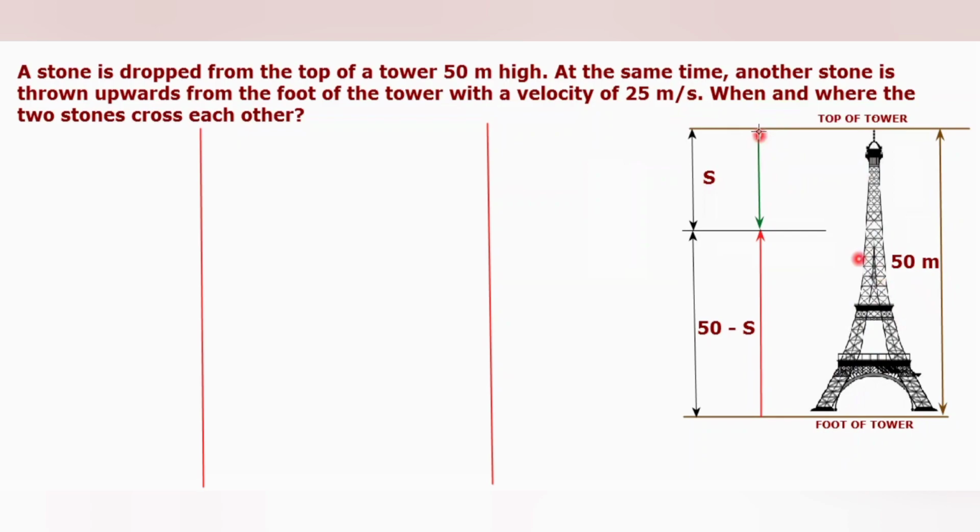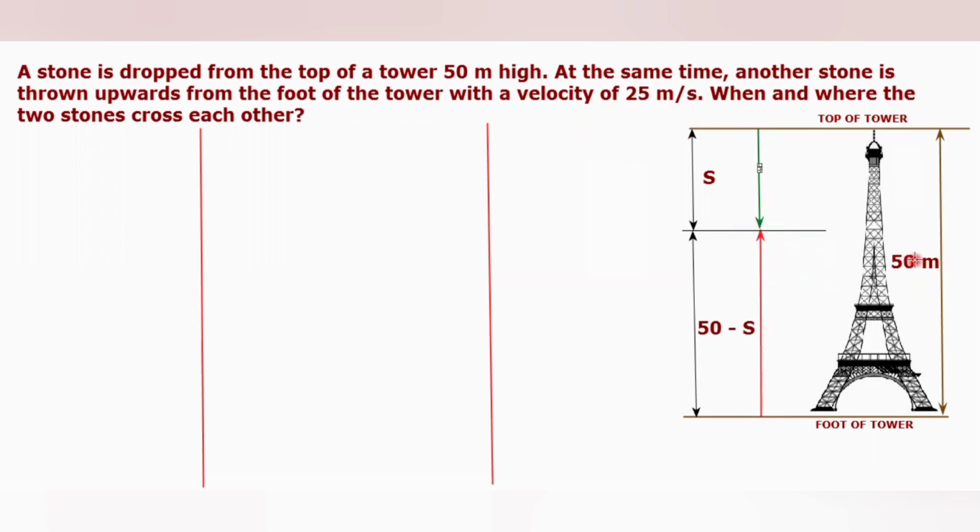First, a stone is dropped from the top of the tower. At the same instant, another stone is thrown upwards.